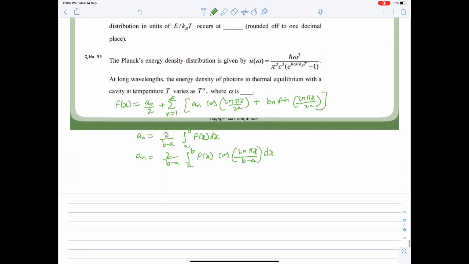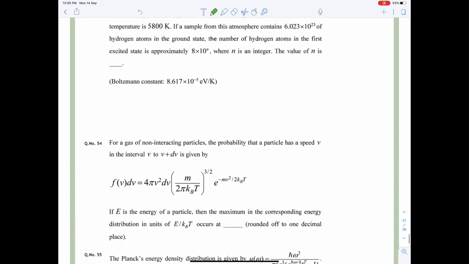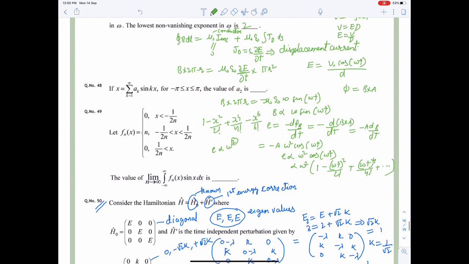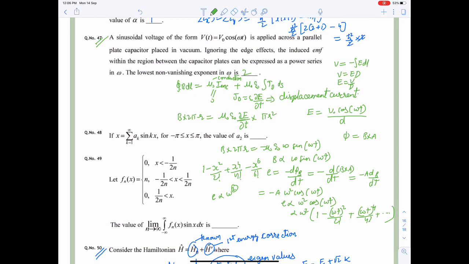Similarly for bn we use sine, and the rest remains the same. Now f(x) can be even or odd. From seeing this function f(x), we know that it is an odd function.